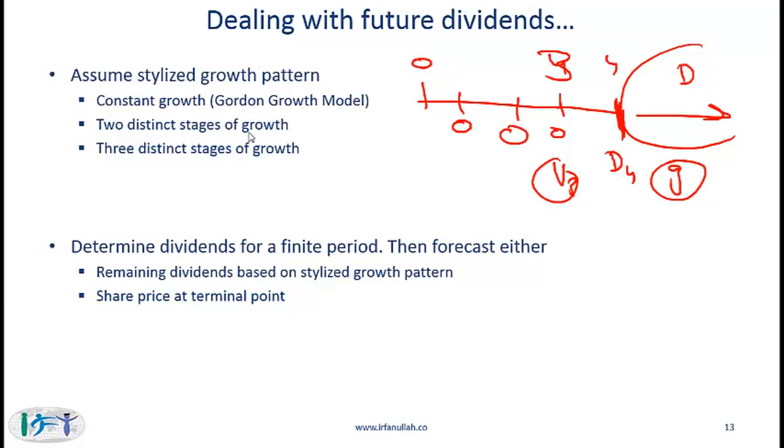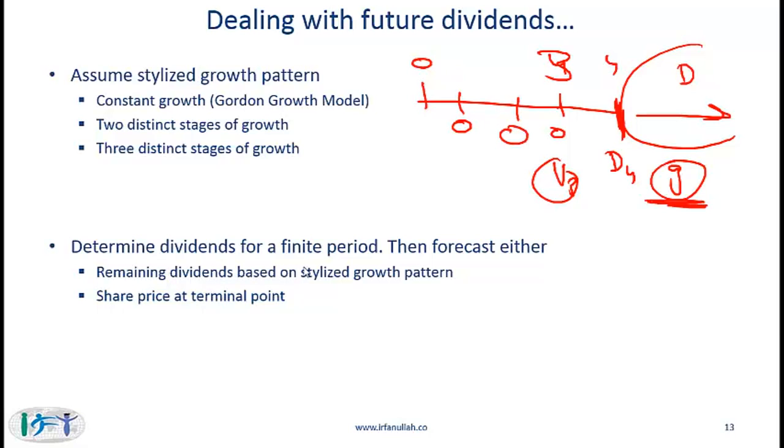Another strategy, or a related strategy, is to use 2 distinct stages of growth, where you say, okay, over a certain number of years, the growth is relatively high, and after that, the growth is stable at G. You can also have 3 distinct stages of growth, which we will talk about later.